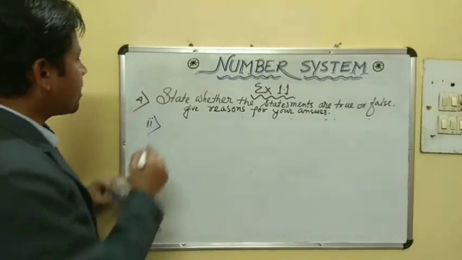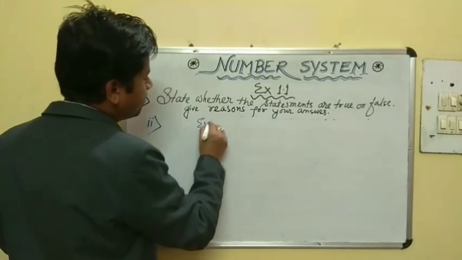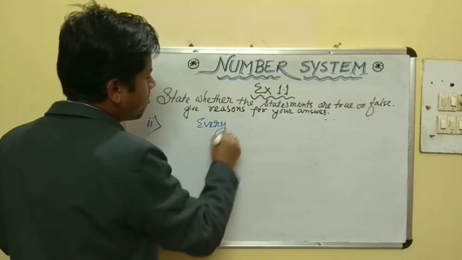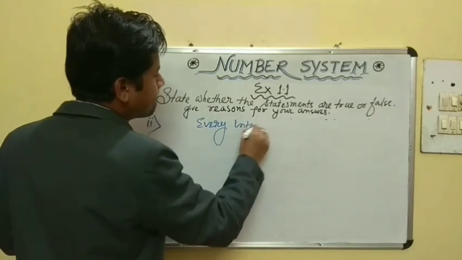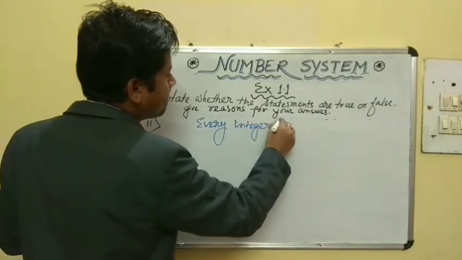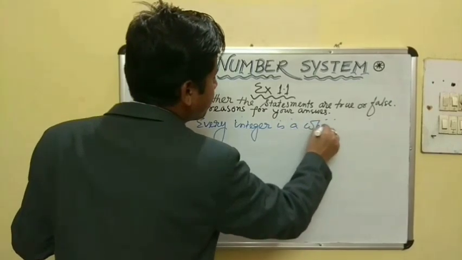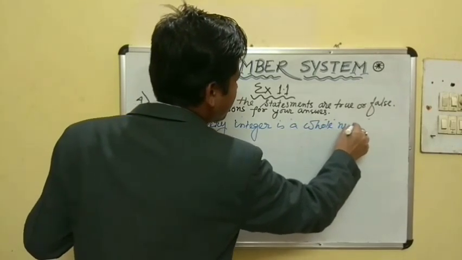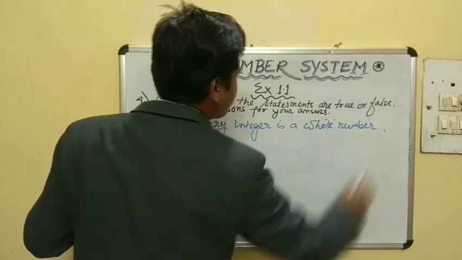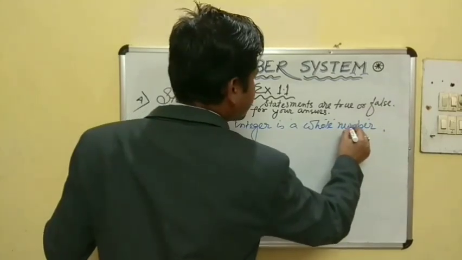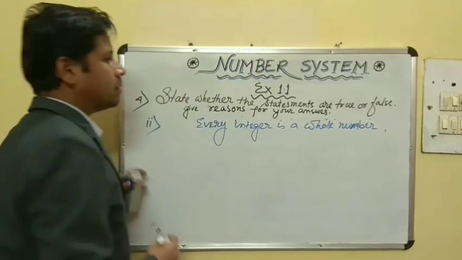The question is saying that every integer is a whole number.